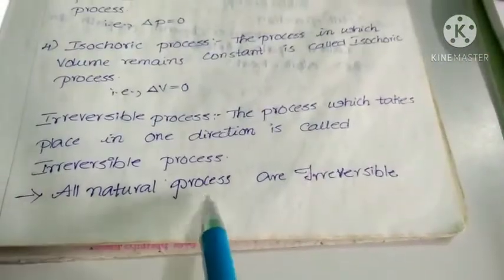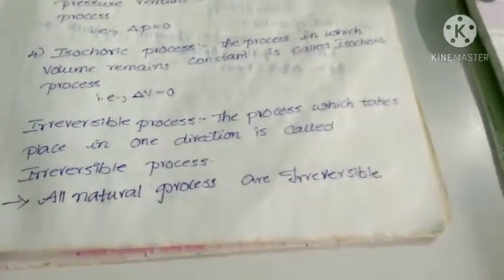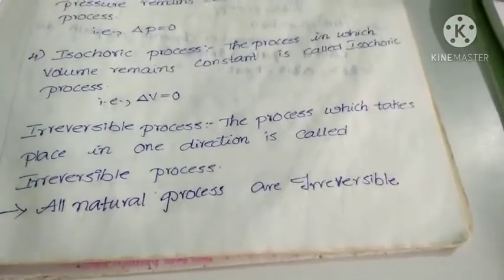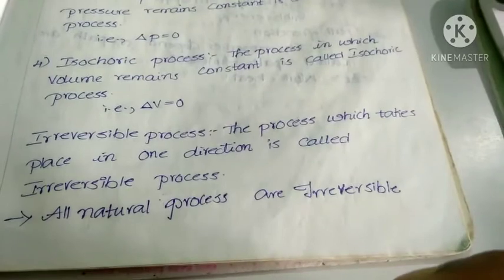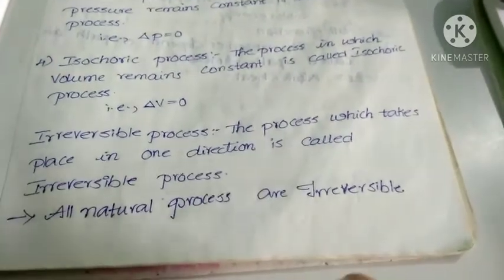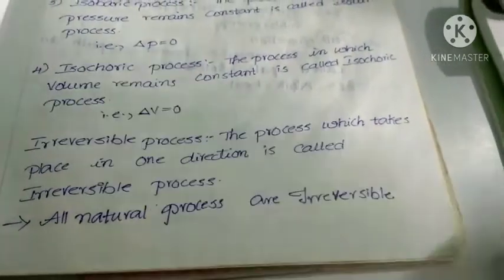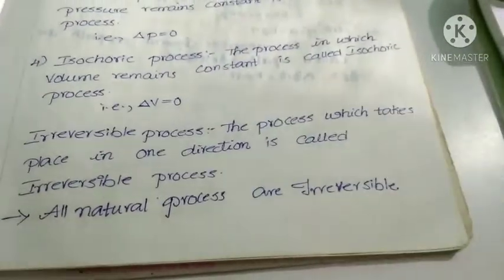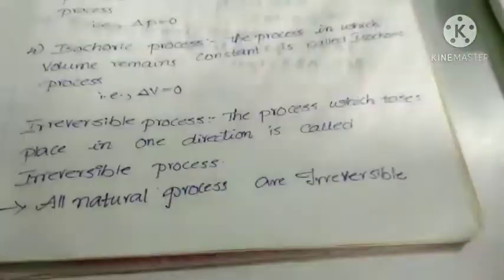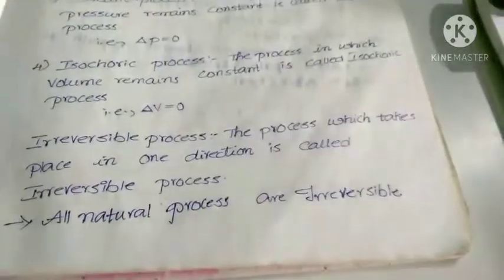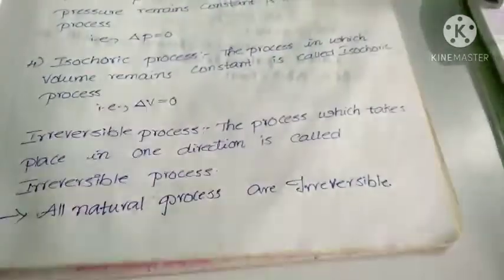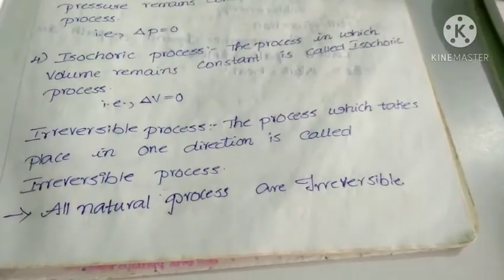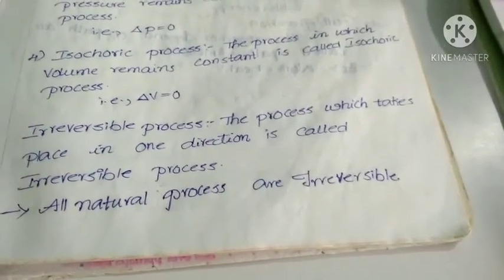All natural processes are irreversible. For example, take water. Water always flows from higher level to lower level by itself. It cannot flow from lower level to higher level by itself. It can flow from lower level to higher level by using machines, by using pumps. But by itself, it can flow only from higher level to lower level. That is a natural process.